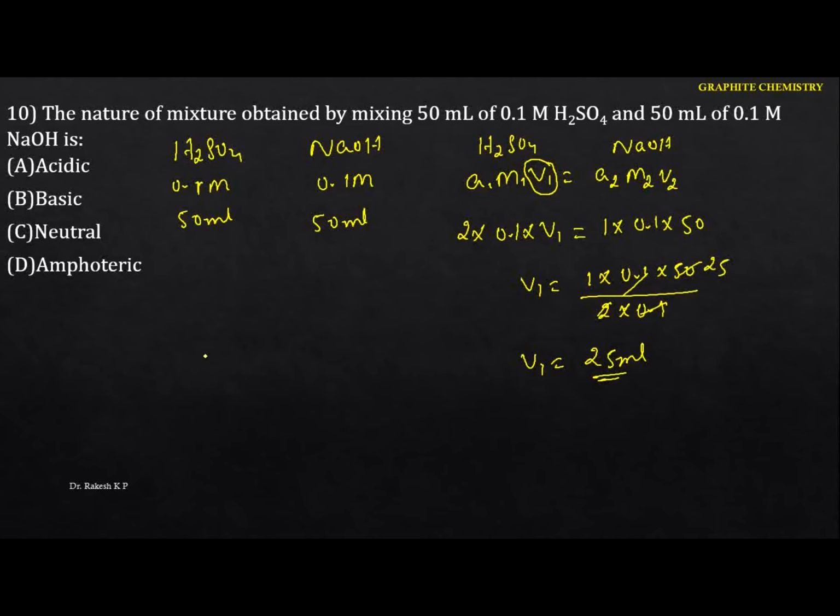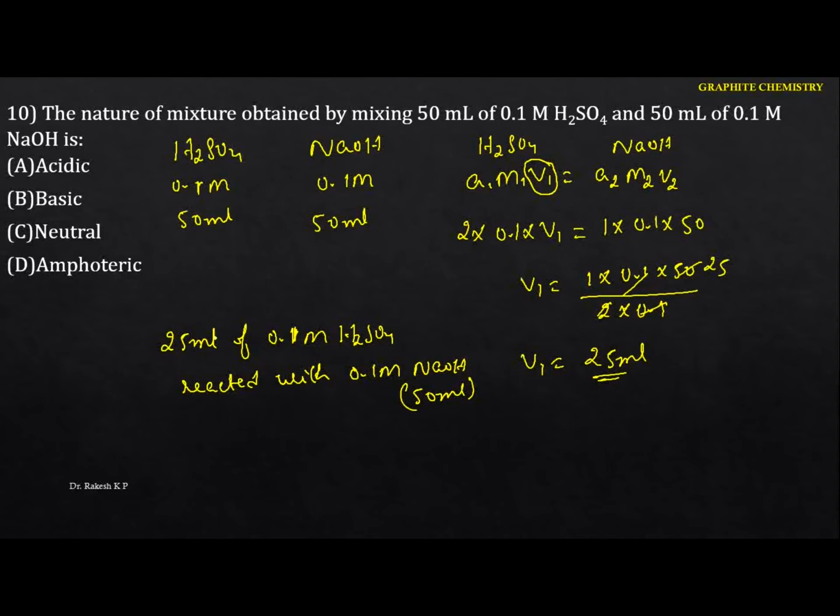That means from this we got the information that 25 ml of 0.1 molar sulfuric acid reacted with 50 ml of 0.1 molar sodium hydroxide.